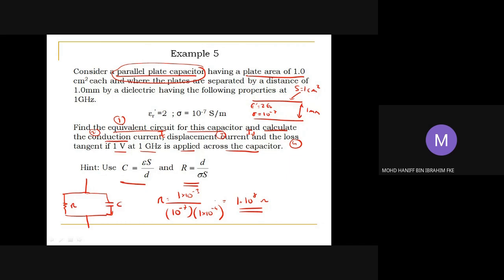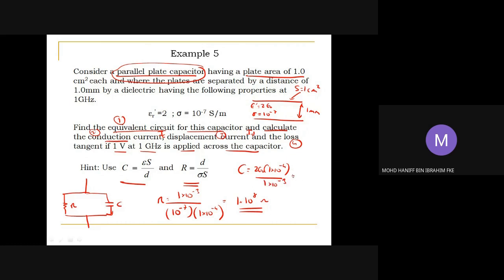And for the case of the capacitance, C should be equal to epsilon, which is the real value of the permittivity, which is 2 epsilon naught. S is the area of the plate, which is 1 times 10 power of negative 4, divided by D, which is 1 times 10 power of negative 3.